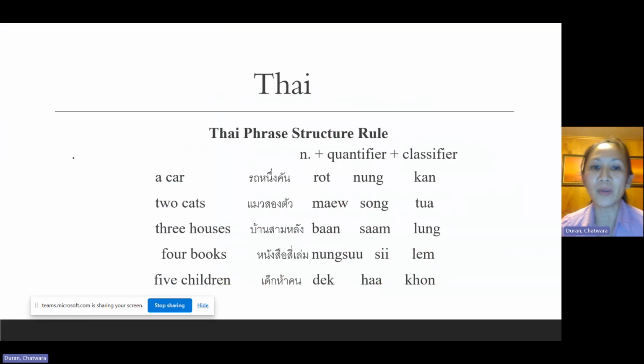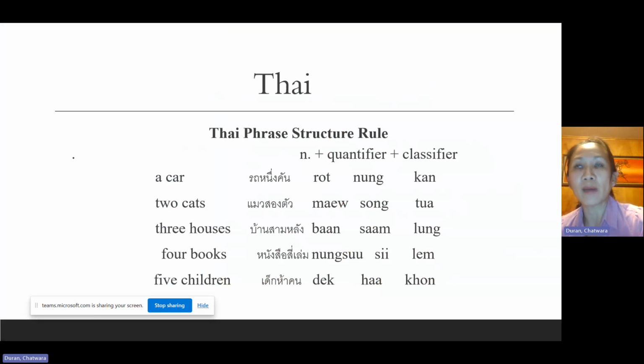All right, let's get to the second one, two cats. Cat in Thai is maew, which is very easy because what does a cat say in English? Meow, meow, right? So in Thai, we have the word maew, which is cat. The quantifier for the word two in Thai is song. And then you have the classifier ตัว.